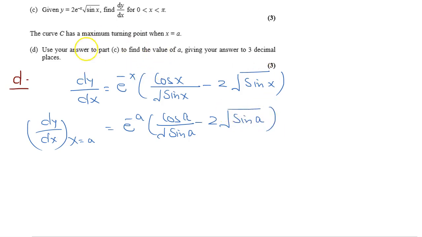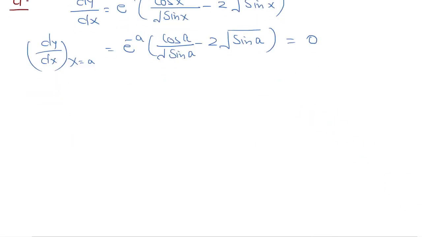And it's saying that maximum turning point. So for turning point, dy over dx is 0. At this particular point, the dy over dx is 0. So it means e to the power minus a is not 0, so it concludes that cos a over root sin a we can write is equal to 2 root sin a.